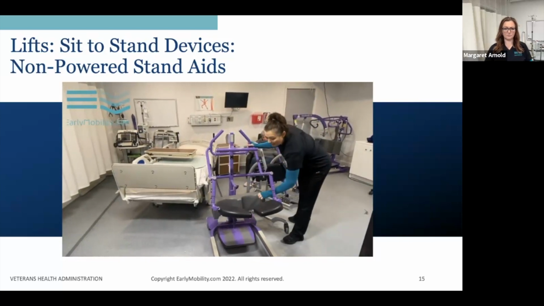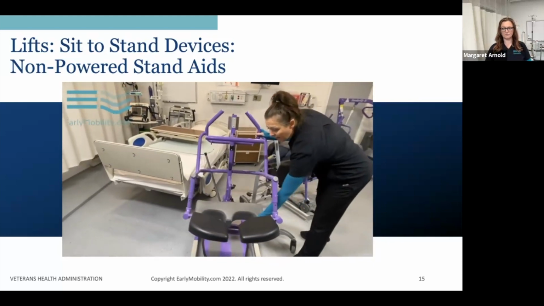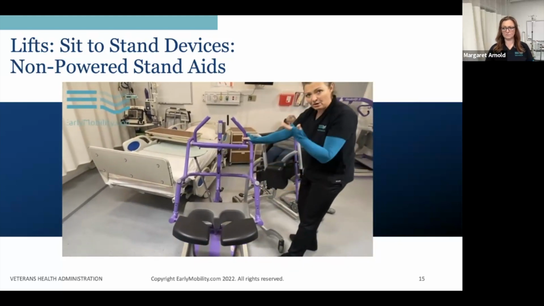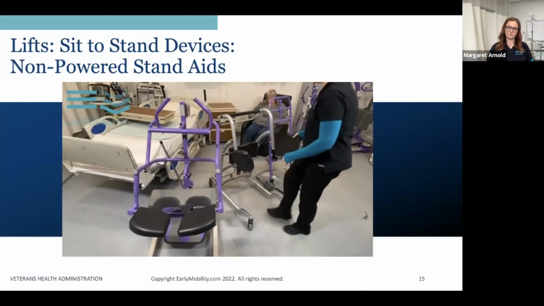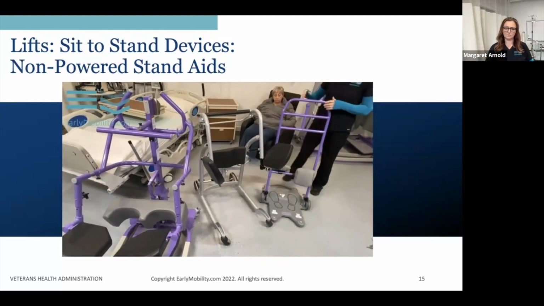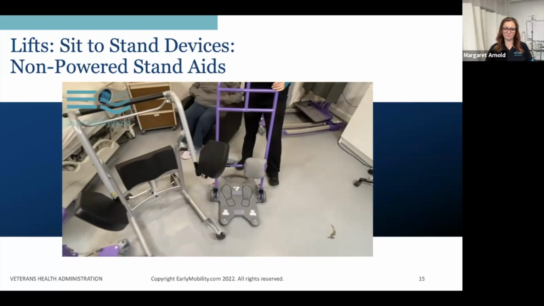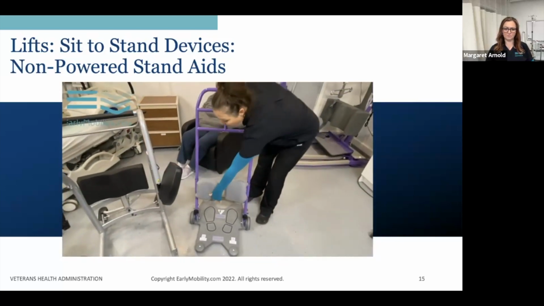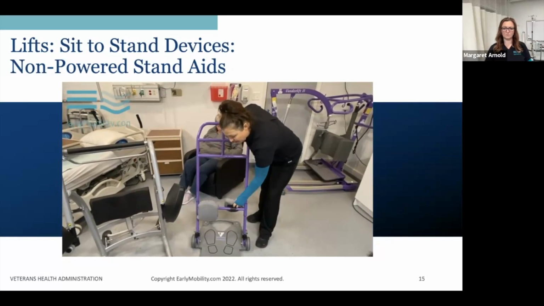The knee pad on this device is flexible and mobile. It does go up and down. This one is rigid. So slight differences in the knee support. On this device, this is also a non-powered stand aid, and it has knee supports, but this is kind of unique in that the knee supports swivel.